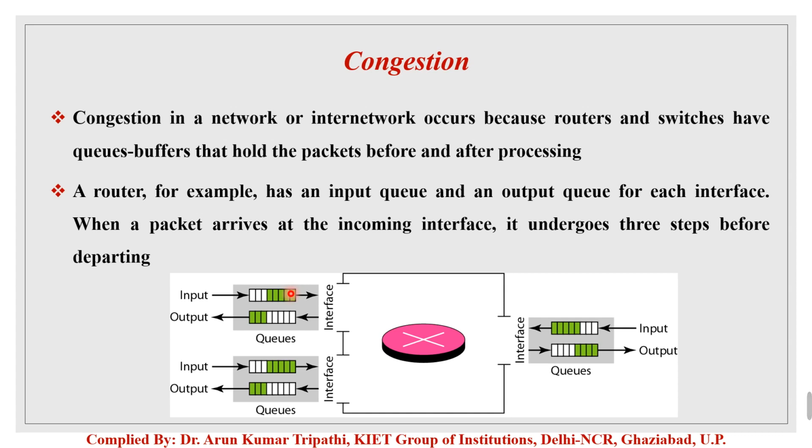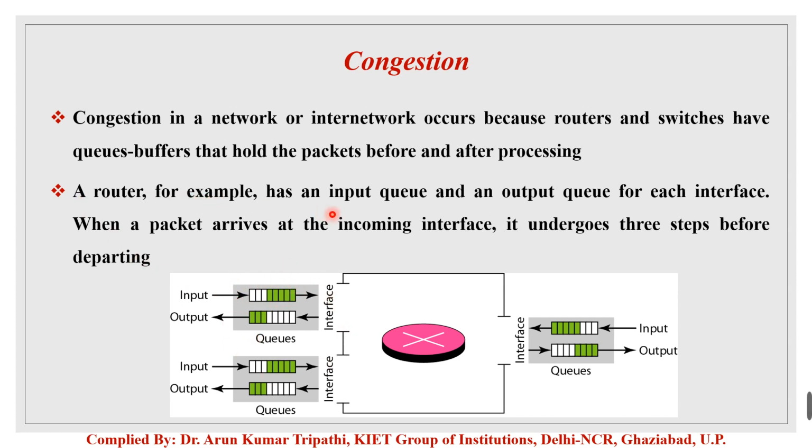The destination will not acknowledge back to the sender, and the sender's timer will time out. In that case, the sender will resend the same data packet again. If the buffer is still full, that packet will be discarded again. So this causes congestion on the network.